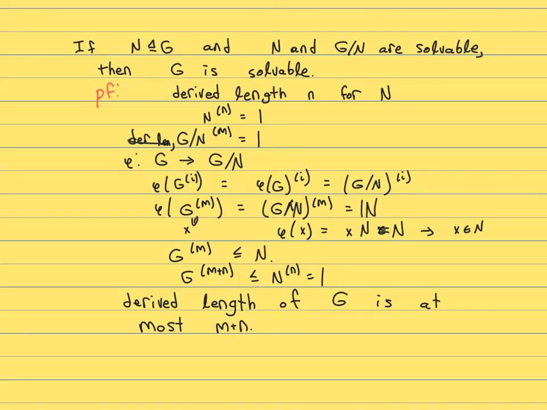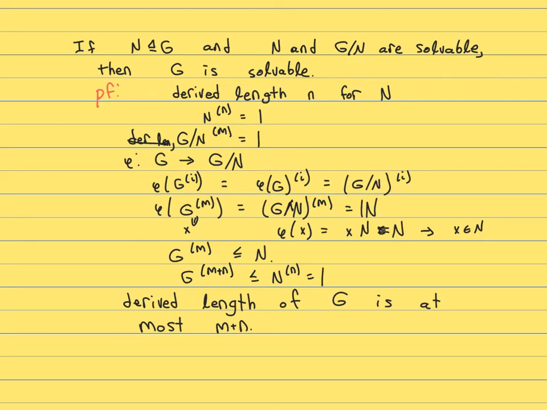So again, there's another result. This one is also, I'd say, probably provable directly if you had a normal series for the subgroup and a normal series for the quotient.